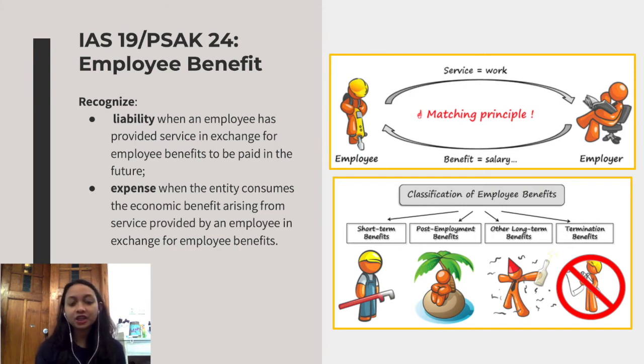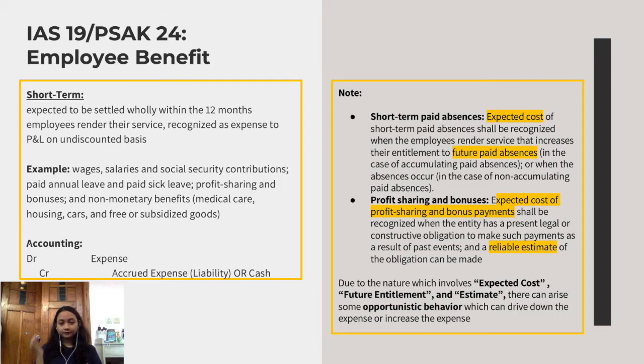And the classification of employee benefit according to IAS 19 and also PSAK 24 is short-term benefit, post-employment benefit, other long-term employee benefit, and also termination benefits. First is the short-term employee benefit, which is an employee benefit that is expected to be settled within the 12 months in which employees render their service, and it is recognized as an expense included in the profit or loss on an undiscounted basis.